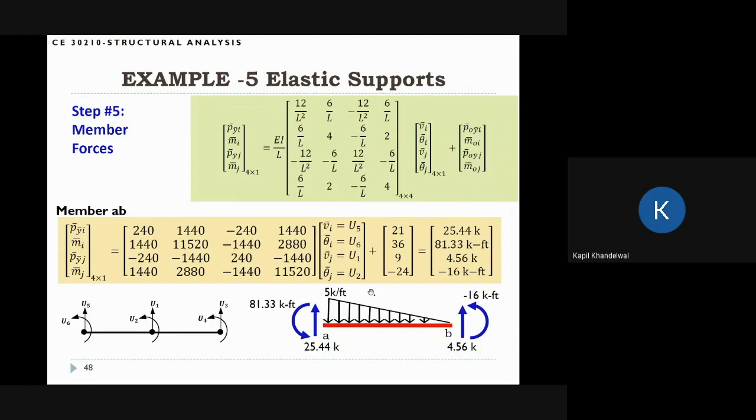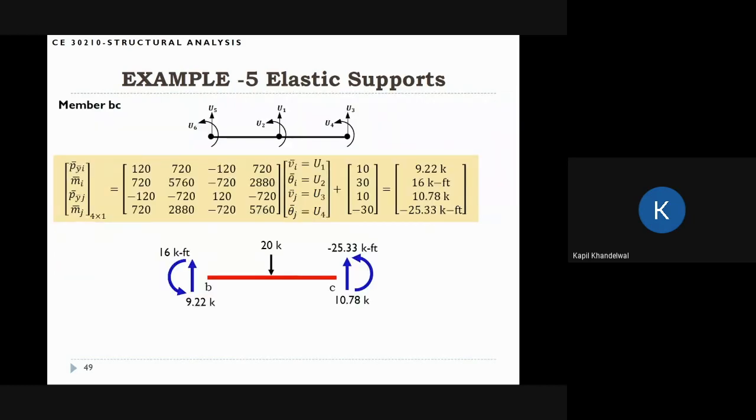A is this node, B is this node, so the ordering should be 5, 6, 1, 2, because this should be VI, theta I, VJ, theta J, plus the fixed end forces. If I do the algebra, these are the numbers I get, and I'm showing the free body diagram for this member. All these numbers should be in equilibrium if we check.